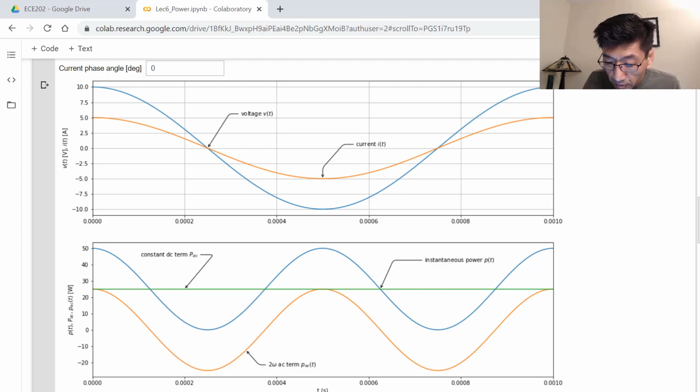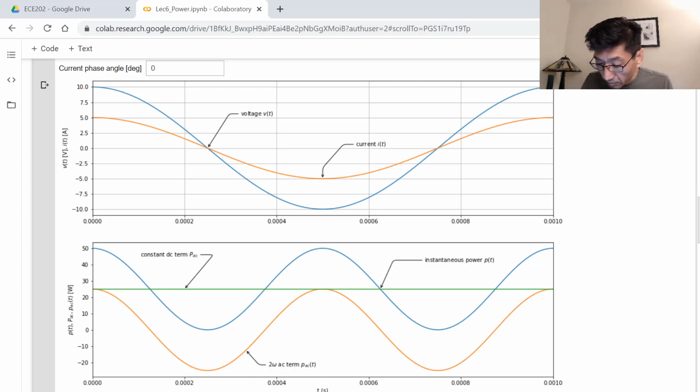The blue line in the lower panel is the instantaneous power p(t), the sum of two terms: the DC term, which is the green line, and the pure AC term, the orange one. That's the 2 omega AC term, right?